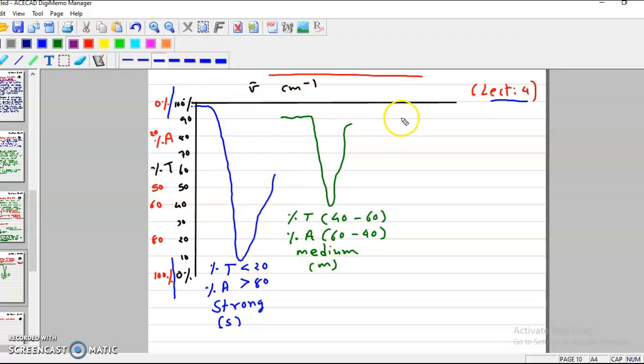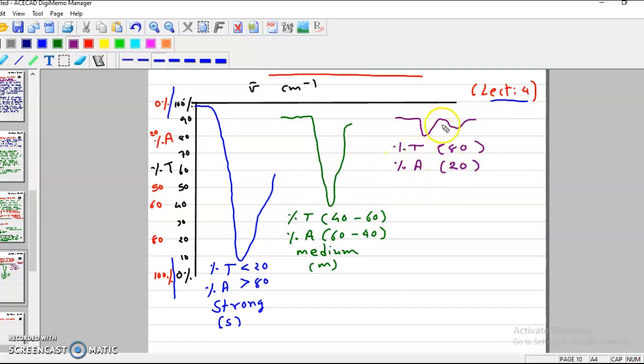Next, if absorption of infrared radiation is like this, the band is here only, where percentage transmittance can be seen nearly 80, not 20, or percentage absorbance may be nearly 20.